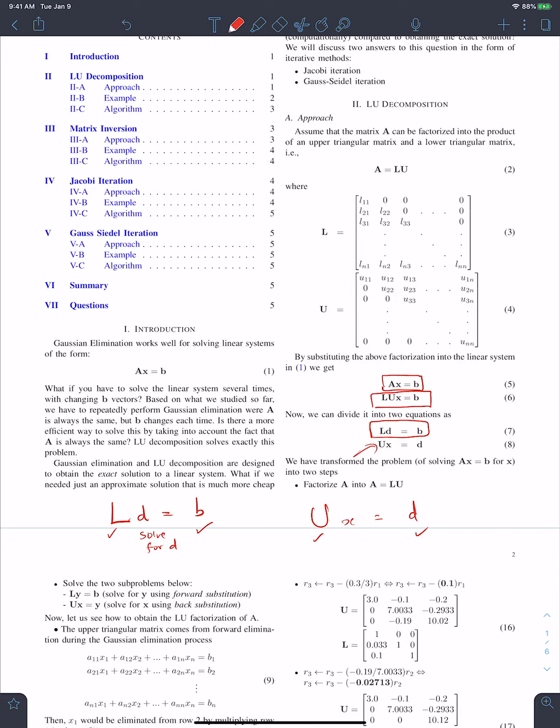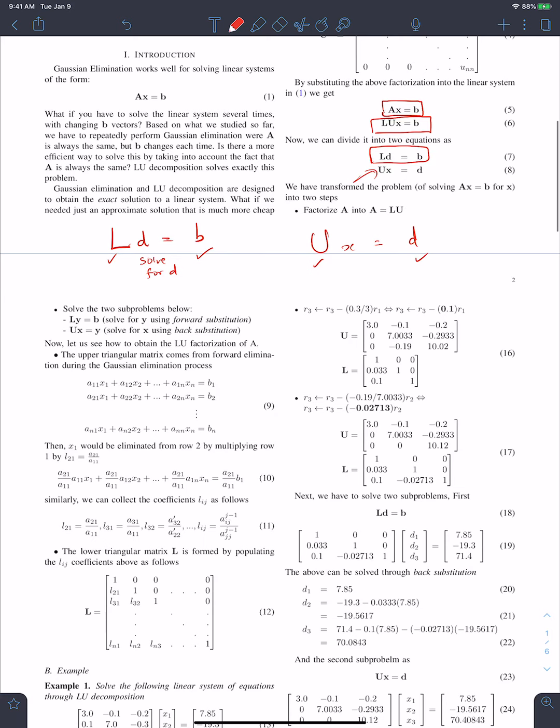Now, the remaining question is how to do LU decomposition. Let's get into the details. Up to this point it is explained, but you don't need to go into the details. I can do an example, probably that's the best way. Anyway, let me summarize how it is done.